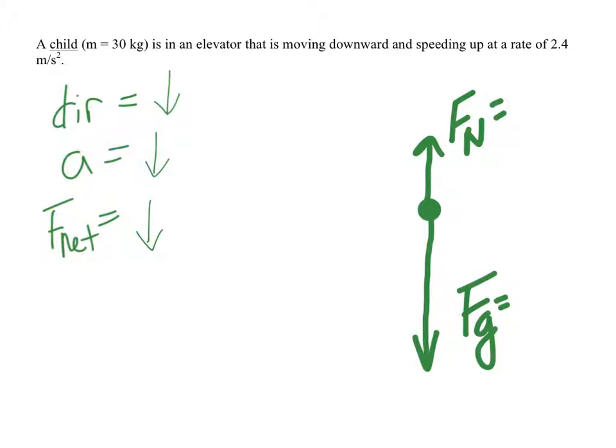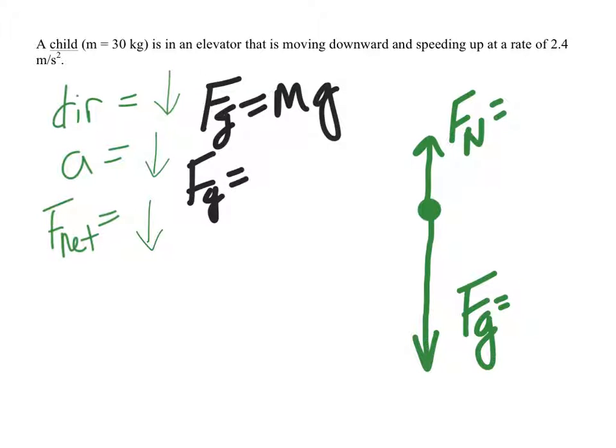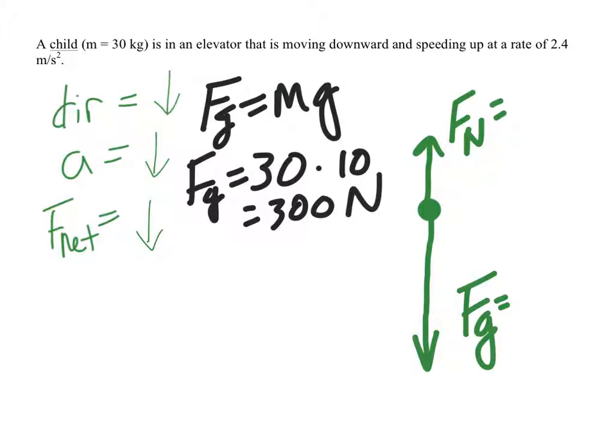So, next thing we can always do is calculate the force of gravity. So force of gravity, mass times the gravitational field strength of 10. So in this case, would be 30 times 10, which equals 300 newtons. Now, the other thing we need to do is figure out, we know that the gravity has to be greater, but we don't know how much greater.